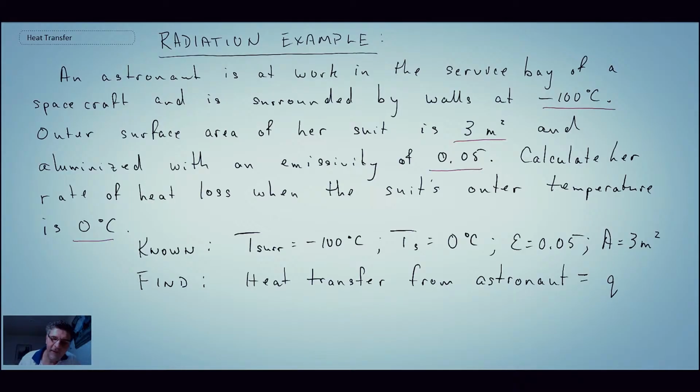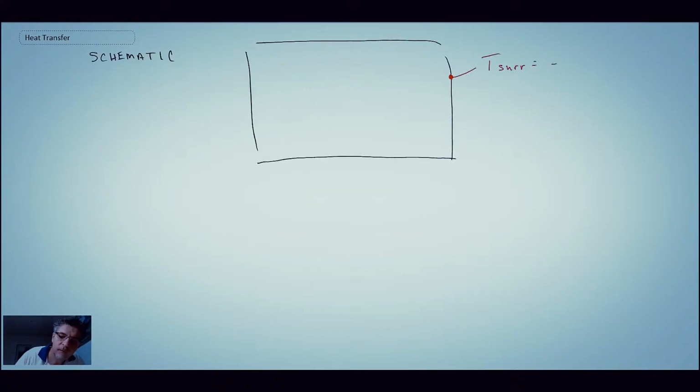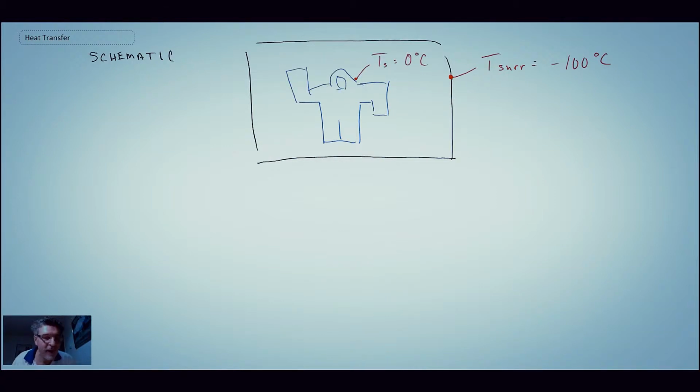Okay, so we're trying to find the heat transfer from the astronaut. We're going to call that Q. It will be in watts, which we'll calculate because we know the area of the astronaut's spacesuit. So let's begin with a schematic of what is going on in this problem. There we have the astronaut in her spacesuit out in space.